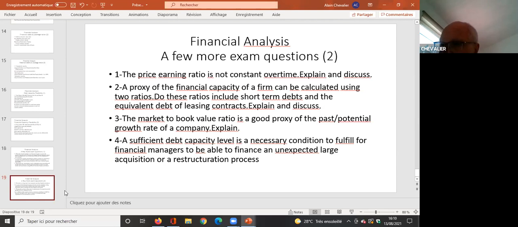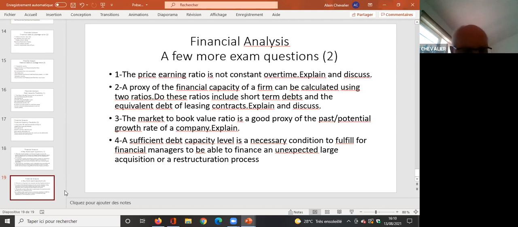The third possibility is what you find here, to develop debt capacity, and we know how to calculate it, a large debt capacity, in order to be able to obtain the financial resources needed when you need them.